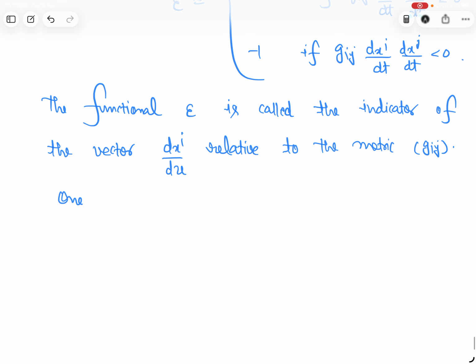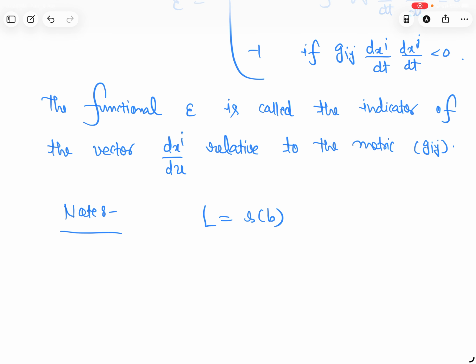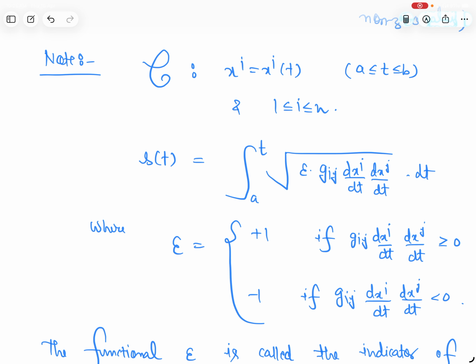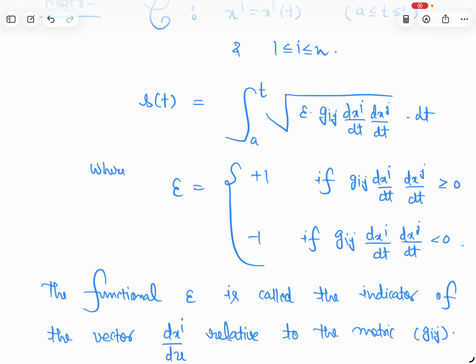One can note that we will get L, the length of the curve, if we take t equal to b in this form. Okay, let's call this double star.